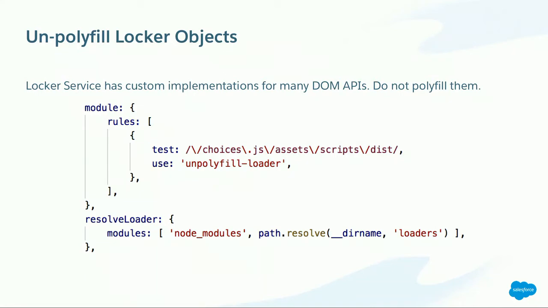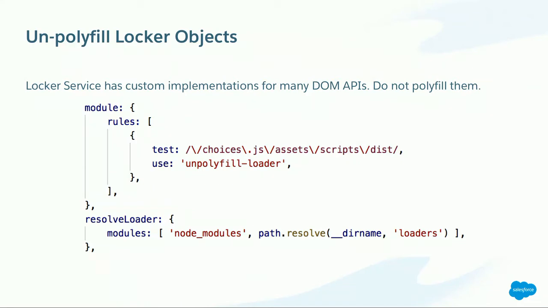Basically, what this loader does is it stores all LockerService window objects, runs the library, and restores them back. So whatever this library might do and break, it just gets recovered after that. So you don't have to worry whether this library actually messes up your window object with polyfills or anything else. It will restore them for you.